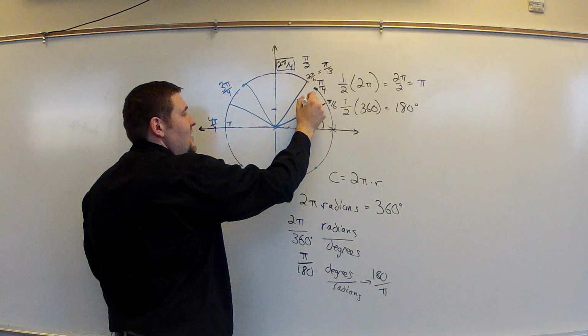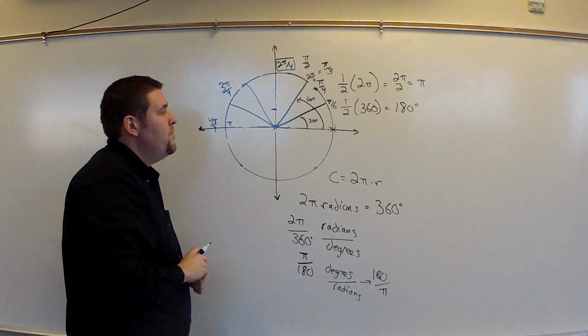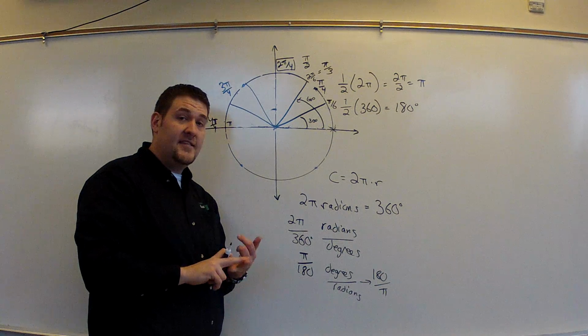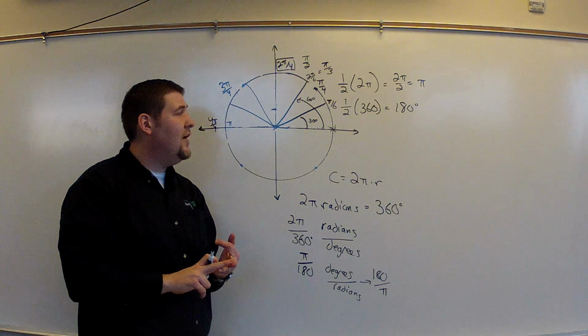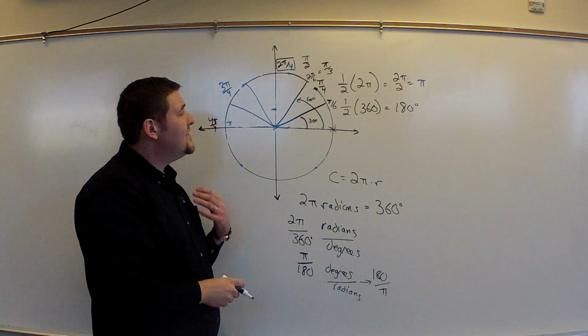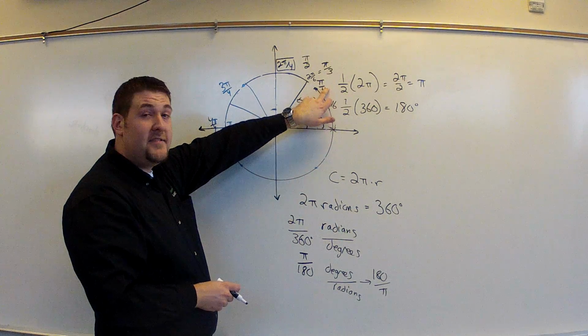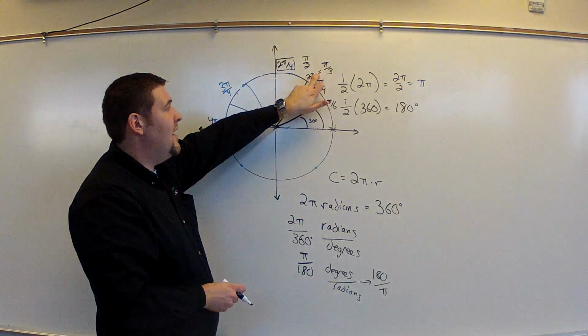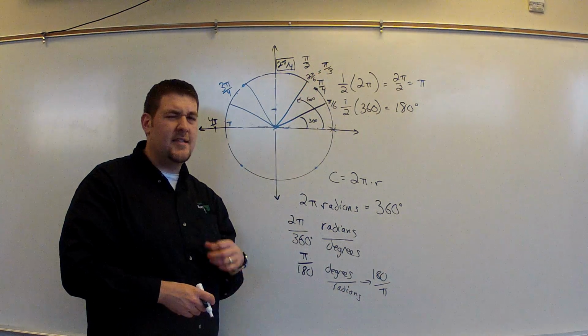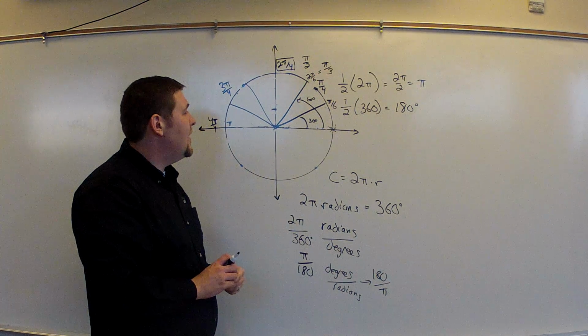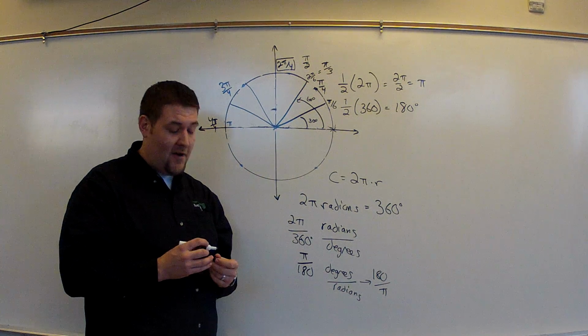That is a 60-degree mark. So the multiples of the 30 and the 60 and the 45 are used quite frequently in our math classes. You can see that knowing 30 is the same as pi over 6, 45 is the same as pi over 4, and noting that pi over 3 is the same as 60 is going to come in handy very well. It's a wonderful thing. You've got to remember our fractions.